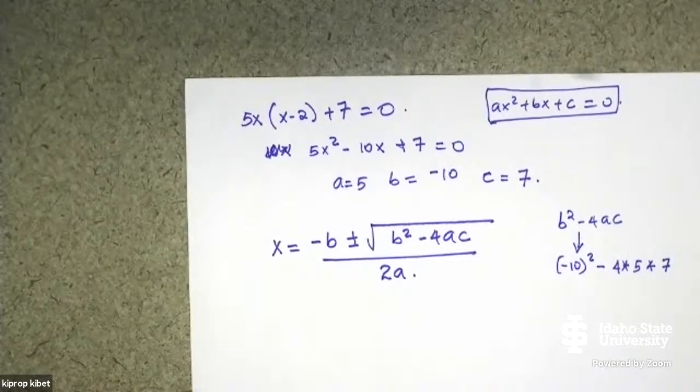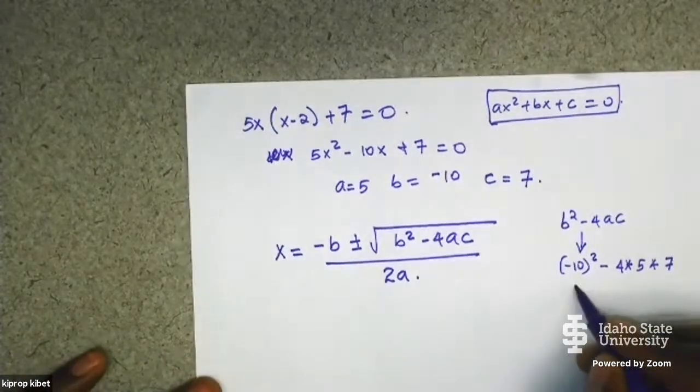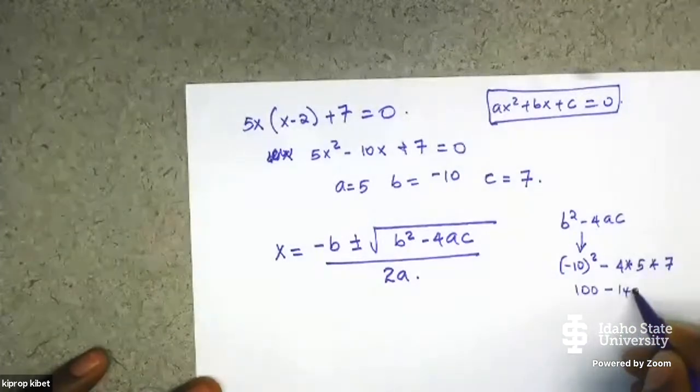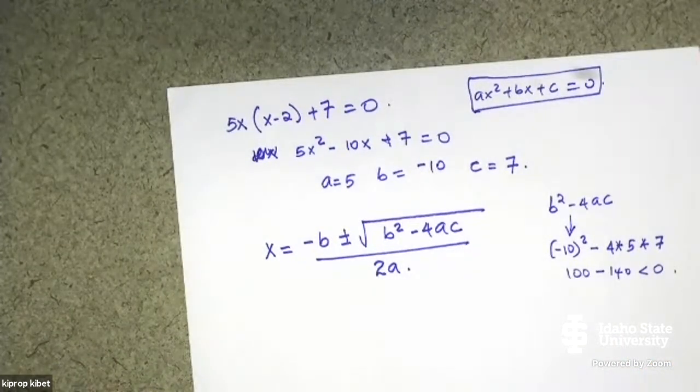First one is 100, and the next one is 140. So 100 minus 140 is less than 0. What happens there? We have 2 complex solutions.